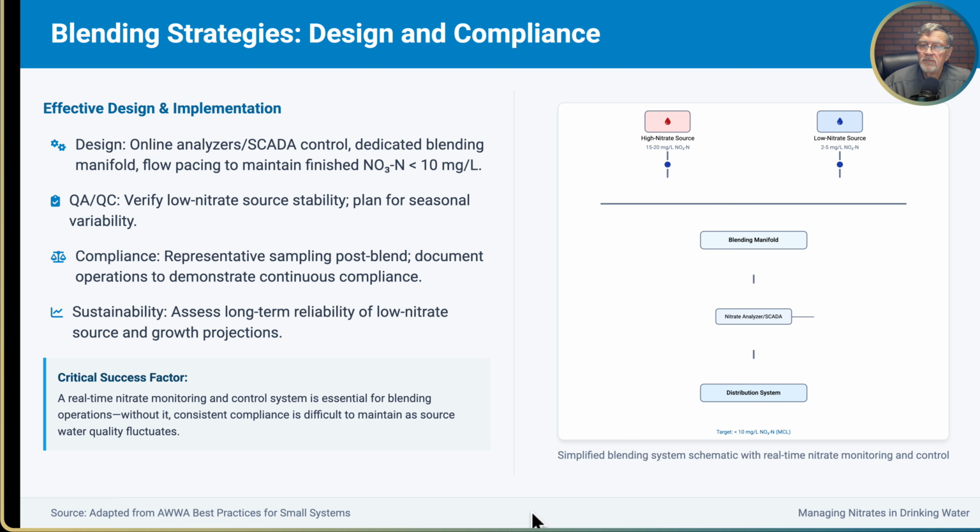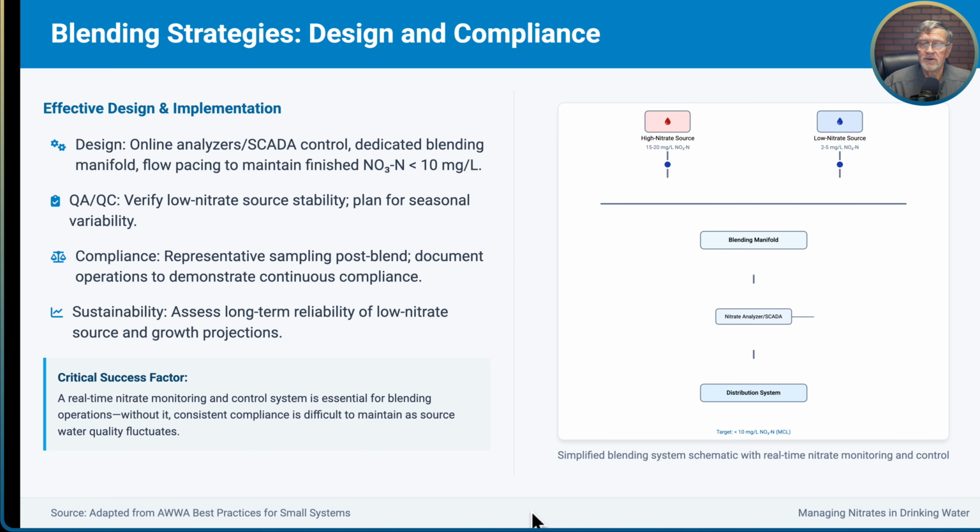You're going to want to plan for seasonal variations. That's really important with blending or changes in well production. There's a number of factors that could affect the blending, so you're going to want to monitor that. It's going to require a little bit of hands-on monitoring and maybe some seasonal tweaking, but it's still going to be a lot lower cost option than the treatment options we looked at earlier.